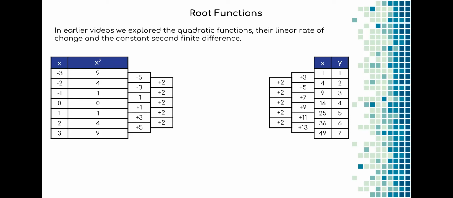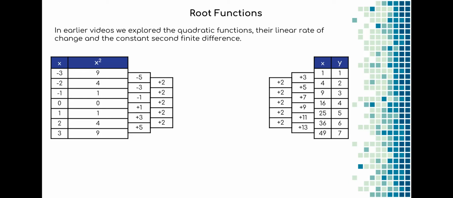What might this function be? What might the equation be for this? Some students are immediately going to pick up that it's going to be something like x is equal to y squared. Some other students may jump on the idea of a square root. But whatever we do, as students are noticing these things, we want to steer them in the direction of the fact that you've got some inverses going on.